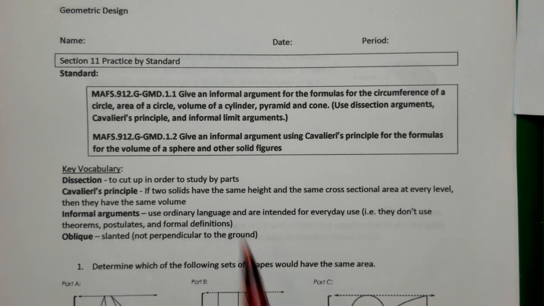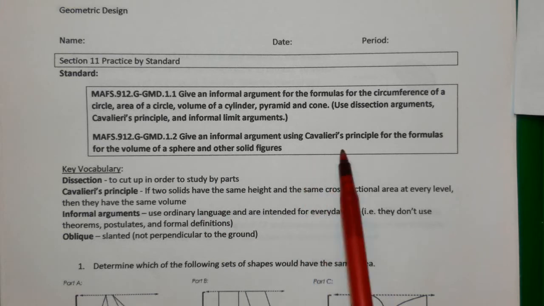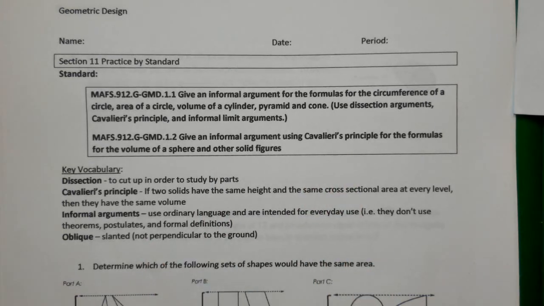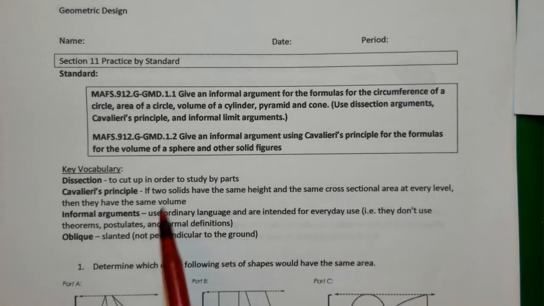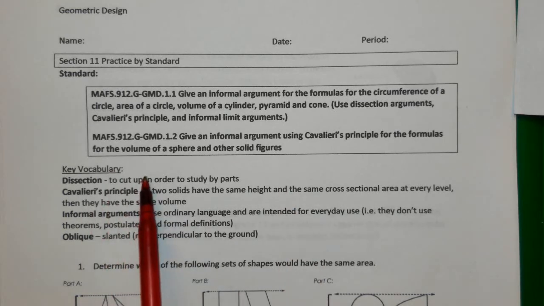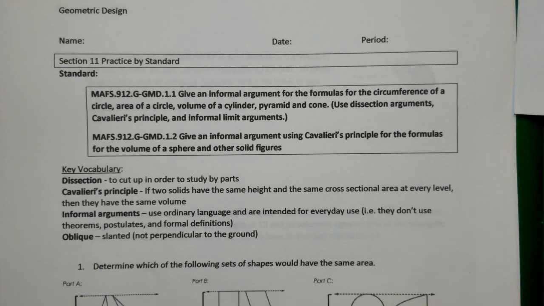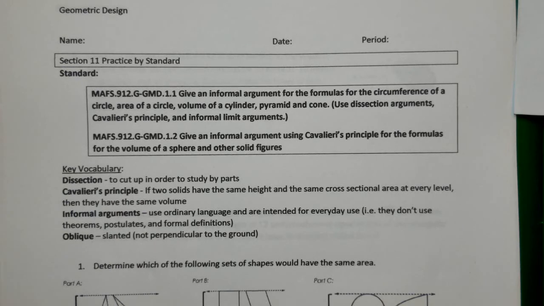And then the second one is using Cavalieri's principle for the formulas for area and for volume. There's a short video on my website that shows Cavalieri's principle pretty well.